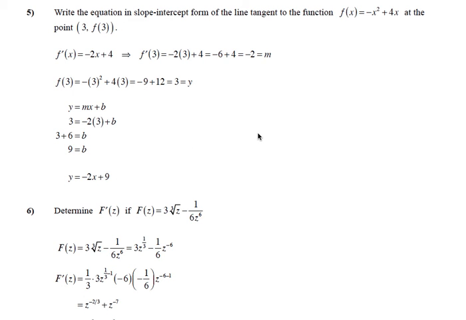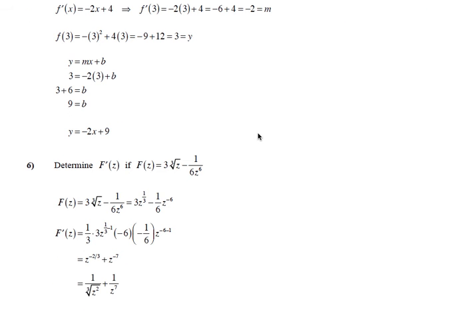Now, question 6 asks us to differentiate capital F of z, and we have a radical in the first term, and in the second term we have our variable z raised to the power 6, but it's in the denominator.